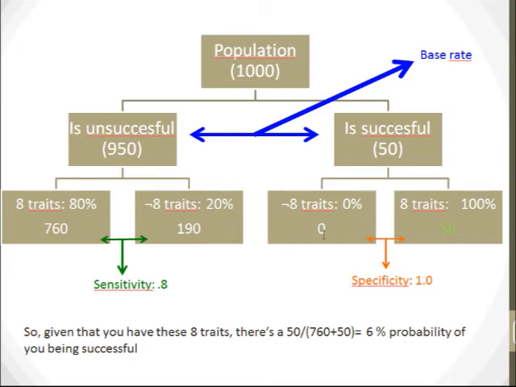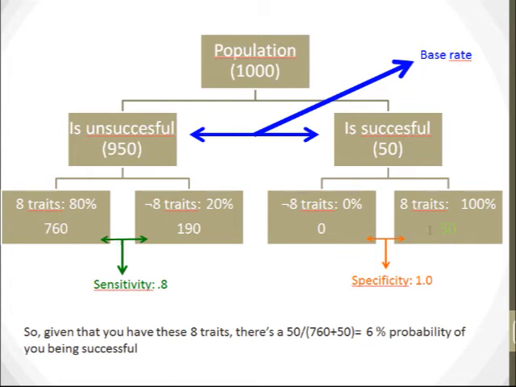So when we know these specific numbers, it's more intuitive to calculate the odds of being successful given that you have those traits, because it's just a proportion of people who turn out to be successful and have those traits from all the people in total who have these traits. So those are indicated here and here.